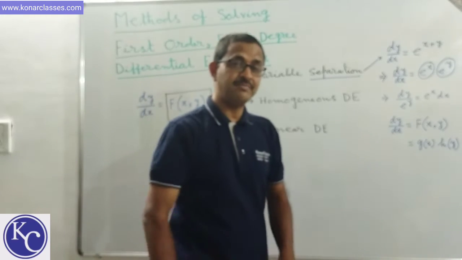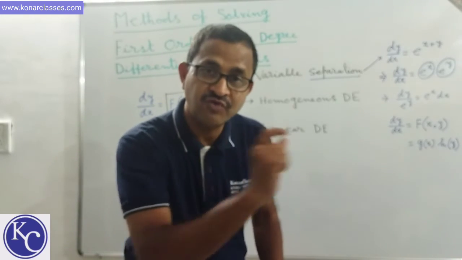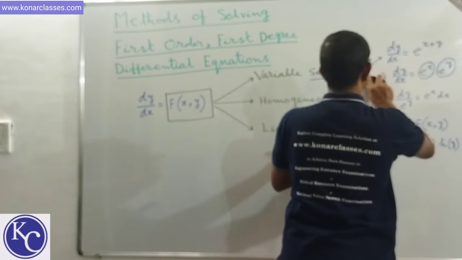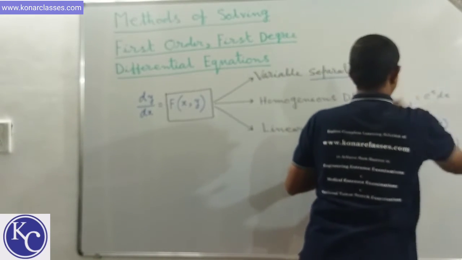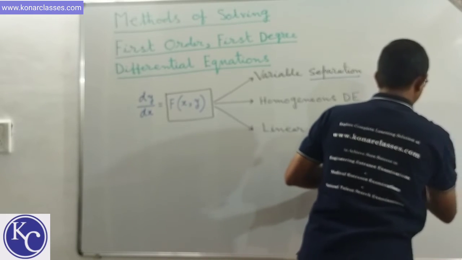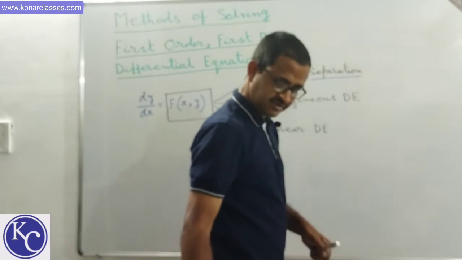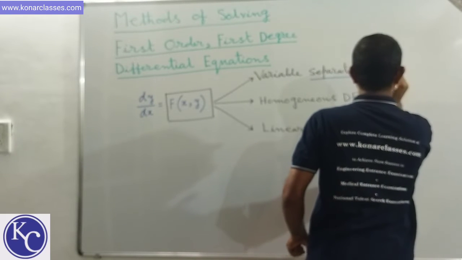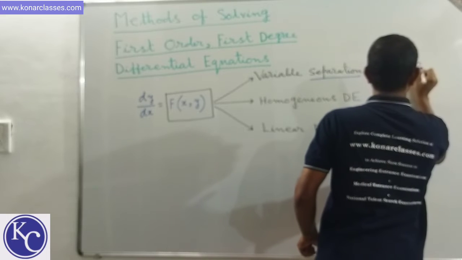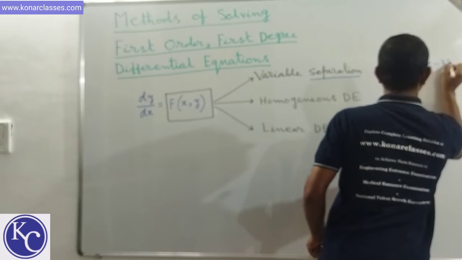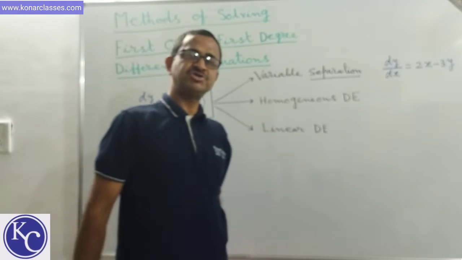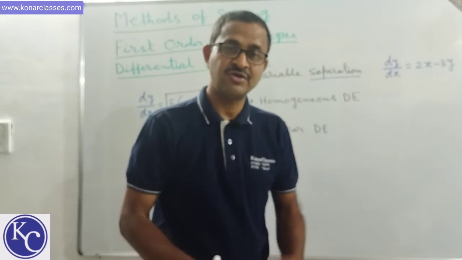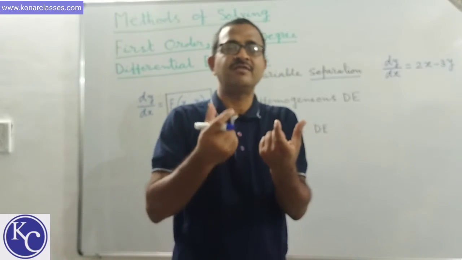Not all functions can be expressed as a product of two functions of x and y. For example, if we have dy/dx is equal to 2x minus 3y, that function you cannot express as a product of a function of x and a function of y.